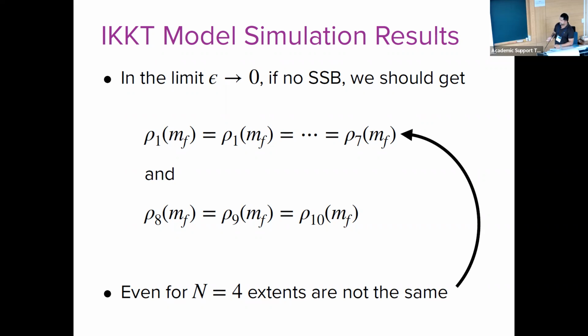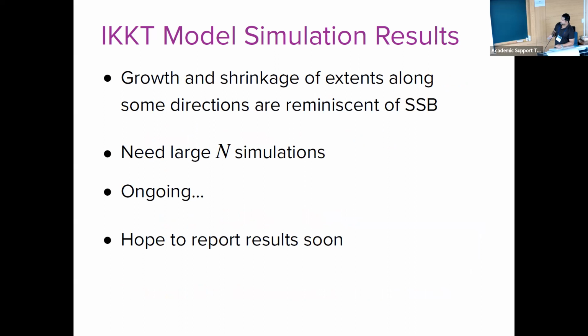But for n equal to 4, that is not the case; this equality is not there. The growth and shrinkage of extents along some directions tell us that some kind of SSB is there. We need to confirm this.